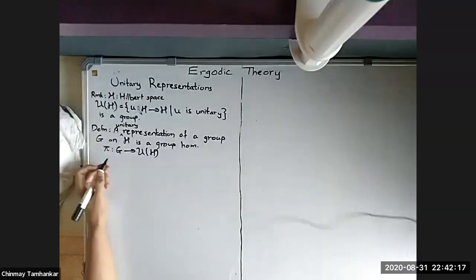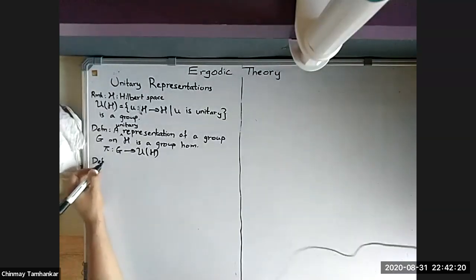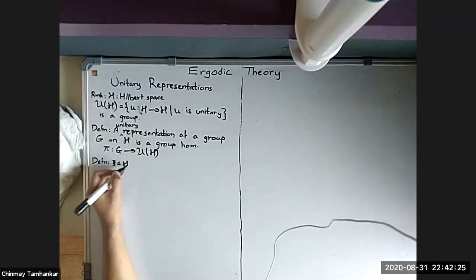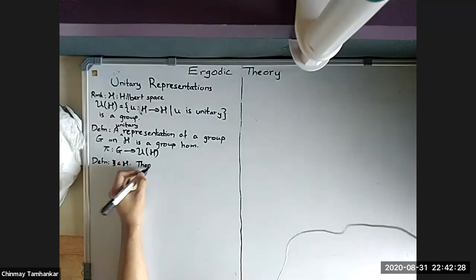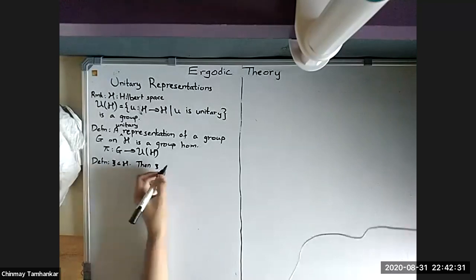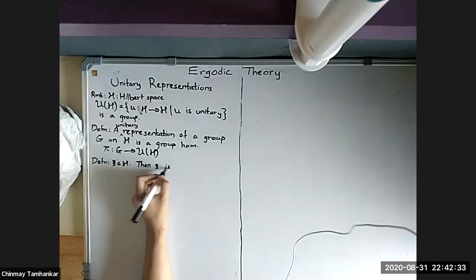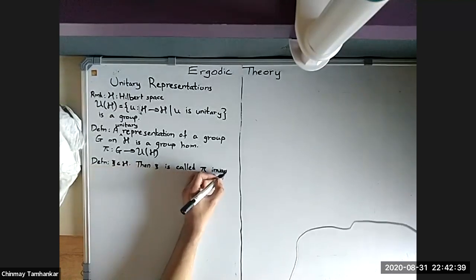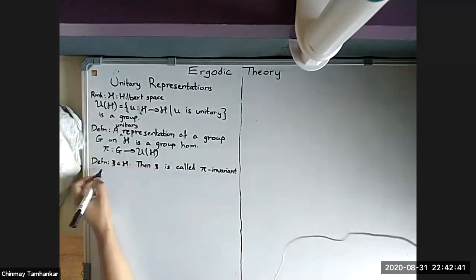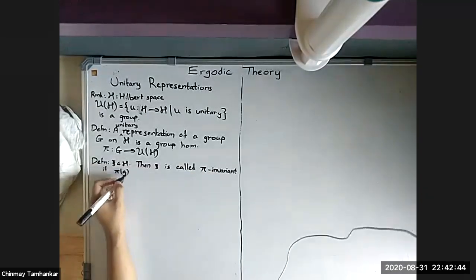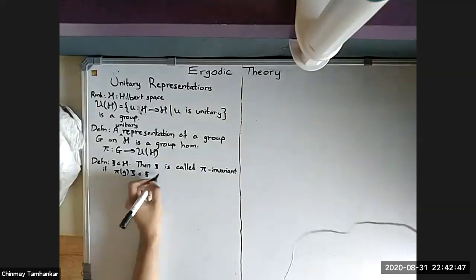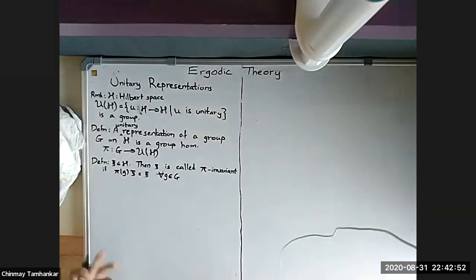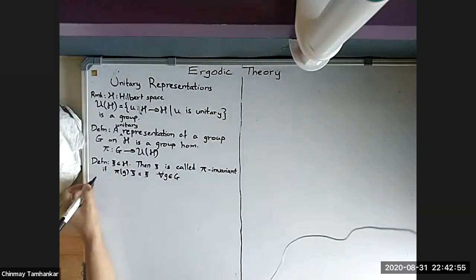Again, we'll define a couple of things. Let xi be a vector in H, and pi is a unitary representation of G on H. Then xi is called pi invariant if every group element keeps xi invariant.